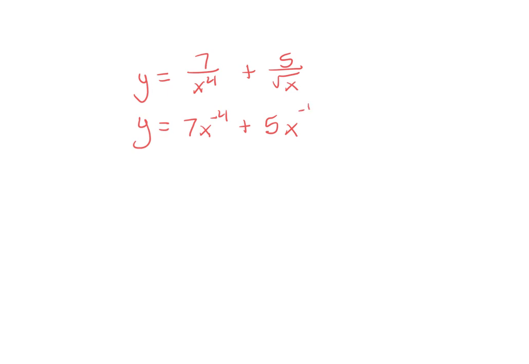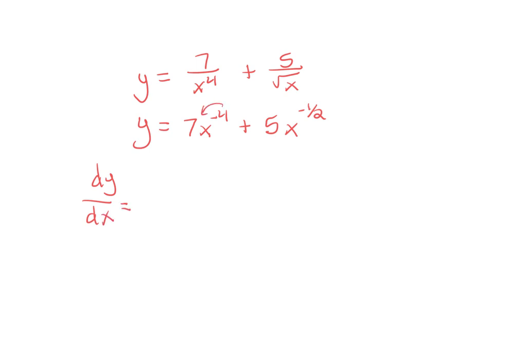All right, a couple more examples. This one, y equals 7 over x to the 4th plus 5 over square root of x. Let's rewrite that. Y equals 7x to the power of negative 4 plus 5x to the power of negative 1/2. And now the derivative.